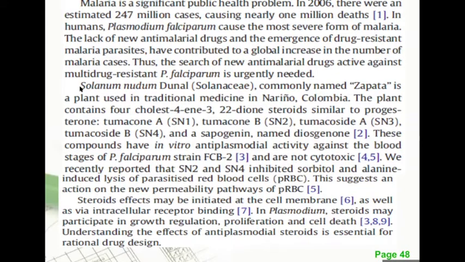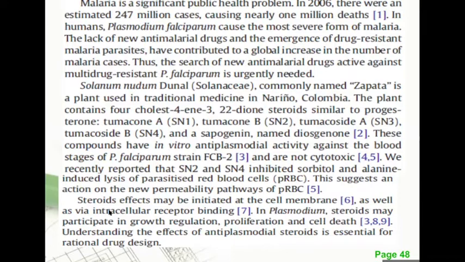Now, background. Background of the study. It talks about Solanum nudum, which is a plant used in traditional medicine, etc. So it talks about some background research about this particular plant species.